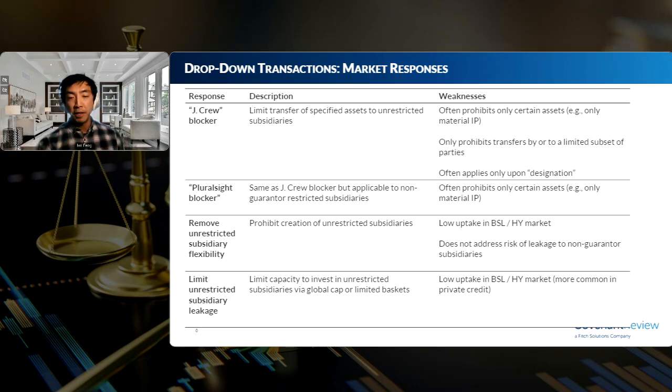Tony, you actually wrote an article about this a few months back on how global overrides can be a very useful tool to limit borrower and sponsor overreach. And the way it works is you have to think about how negative covenants work generally, right? Negative covenants work as a broad prohibition or a primary rule against doing something. In this case, let's say it's the investments covenant, thou shalt not invest, full stop.